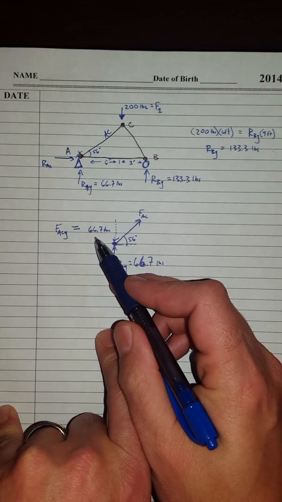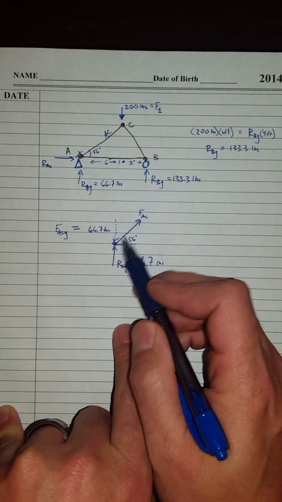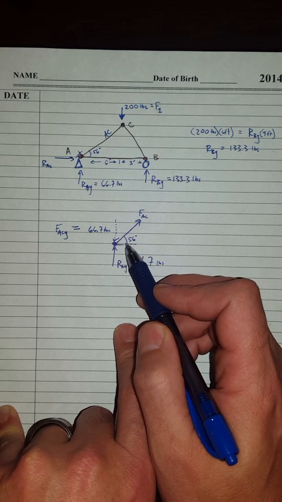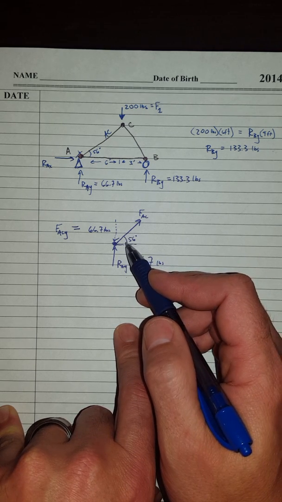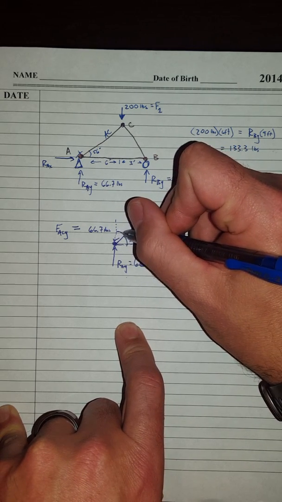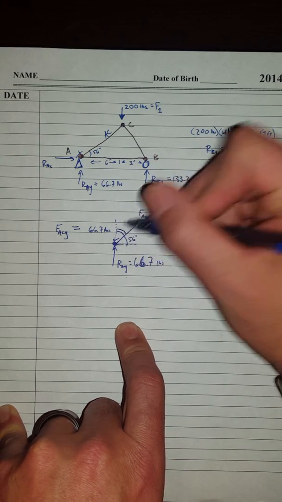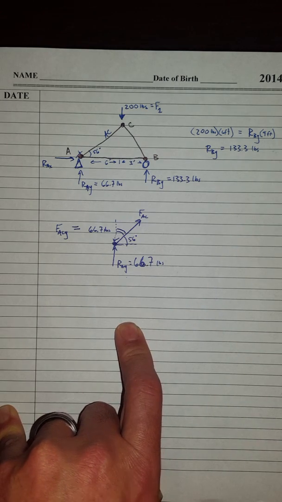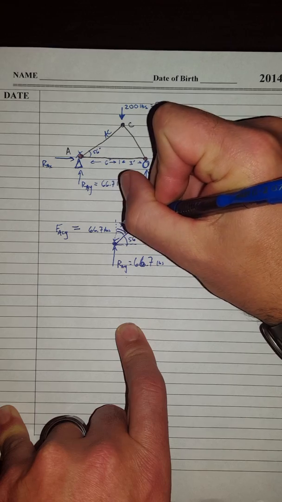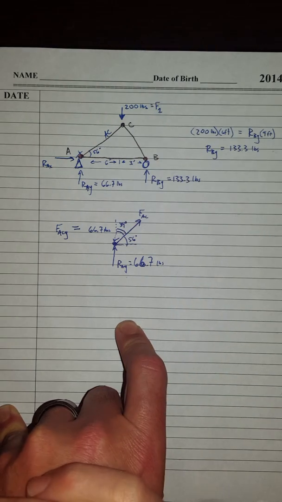Once we know that, we can use our trig functions to figure out what the force of AC is. Because if this is 56 degrees, we can use complementary interior angles, and we know that this angle is 90 minus 56, so that's going to be 34 degrees here.